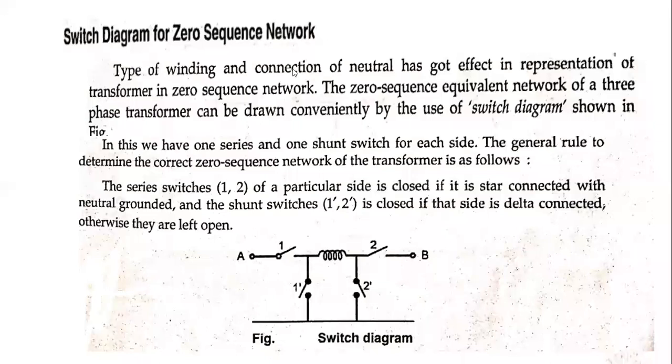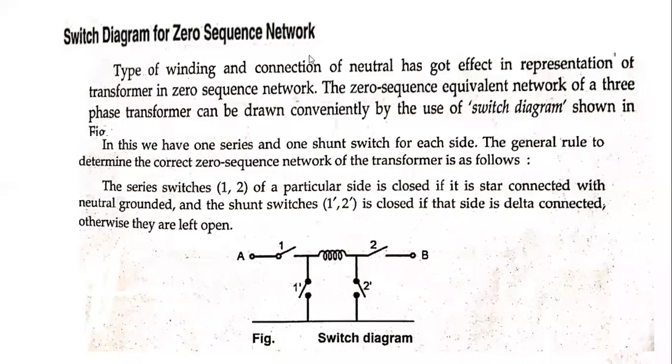The type of windings and connection of neutral affect the representation of a transformer in the zero sequence currents.